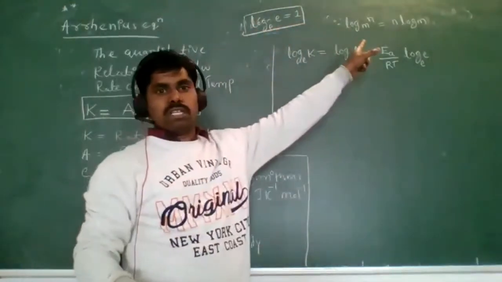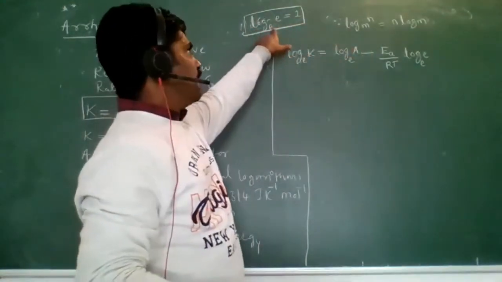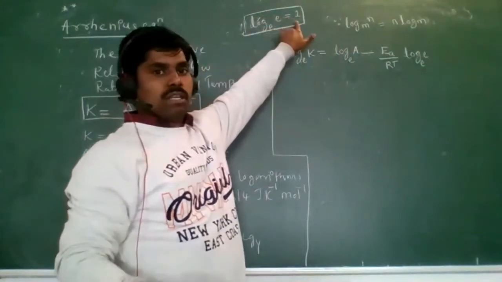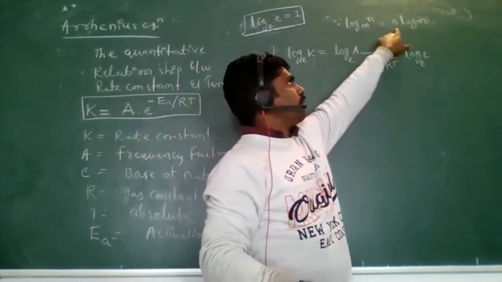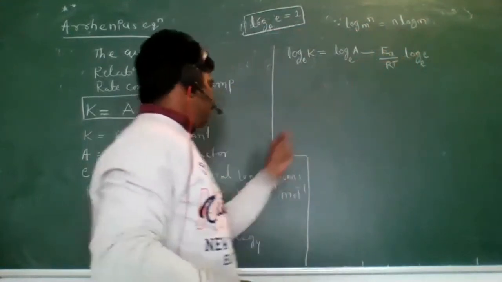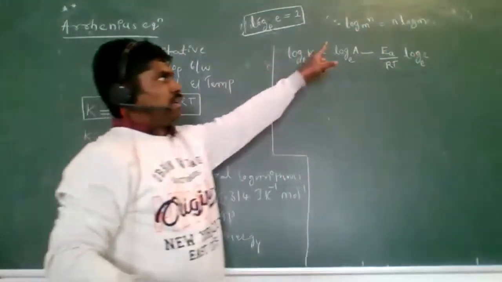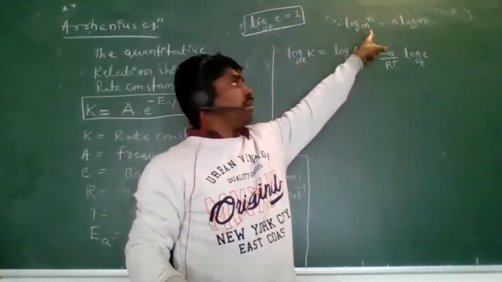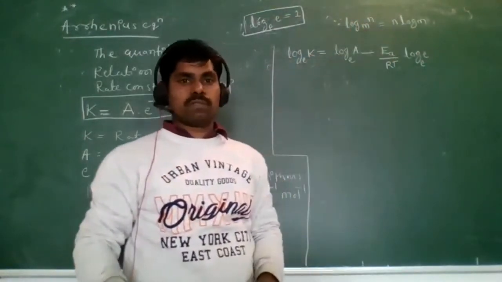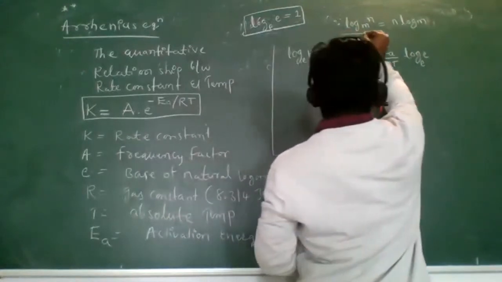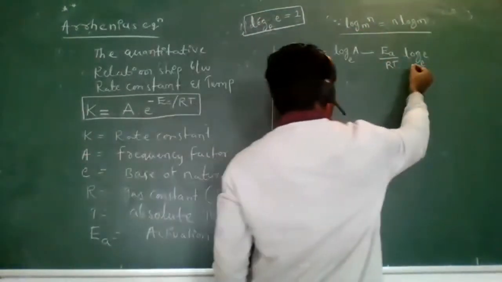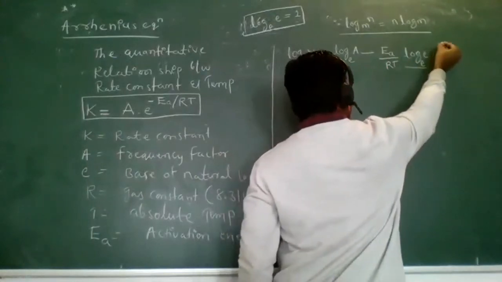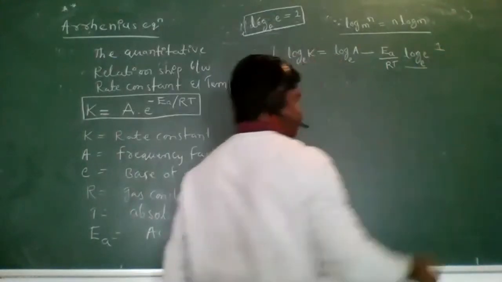Two formulas are there. log base e of e equal to 1, and log m power n equal to n log m. I have used the formula of log m power n. Clear? So finally this value is equal to 1.